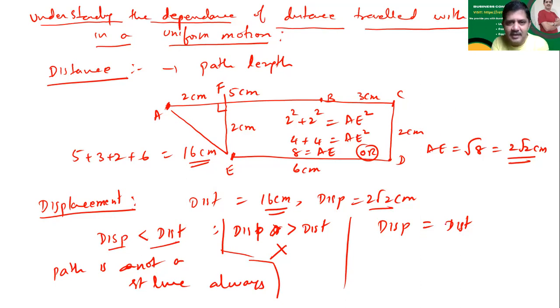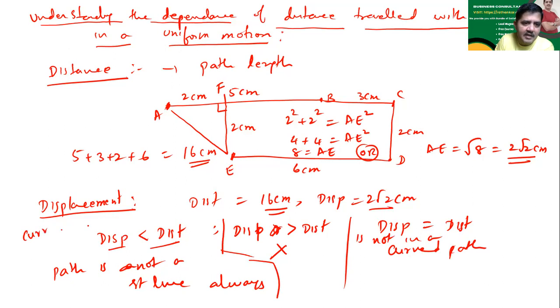So what do you mean by that? The particle or the person has not taken deviations. Or we can say the particle is not moving in a curved path. Here we can say that it is in a curved path, and here it is impossible.